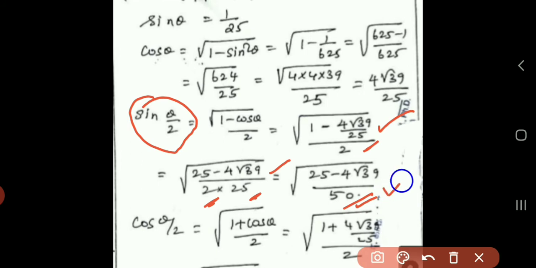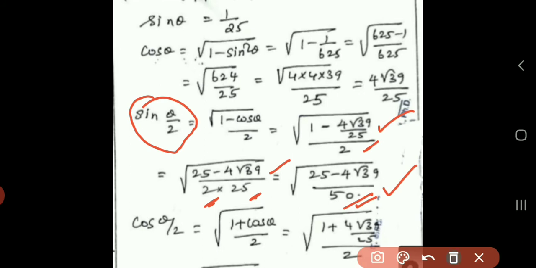It can be written as, simplification of the numerator is 25 minus 4 root 39, divided by the 2 is here and this 25 is here. And then 2 into 25 becomes 50. So the value of sin theta by 2 equals square root of (25 minus 4 root 39) divided by 50.